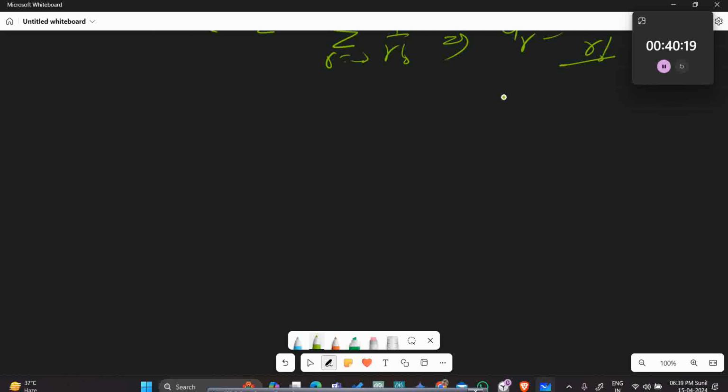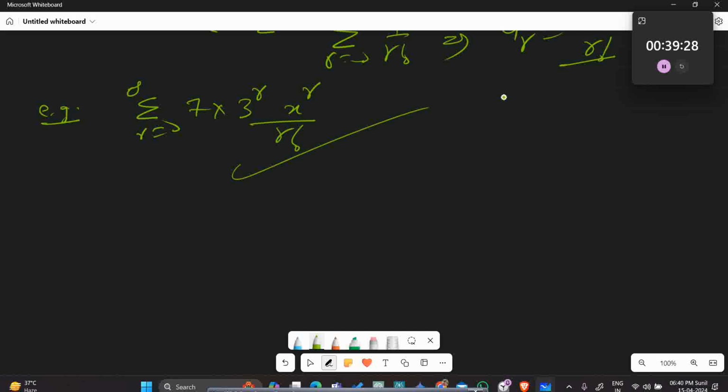This is the numerical function for this, not nCr or anything else. The next example is sigma r equals 0 to infinity 7 into 3 to the power r upon r factorial, right? So it was like that only.